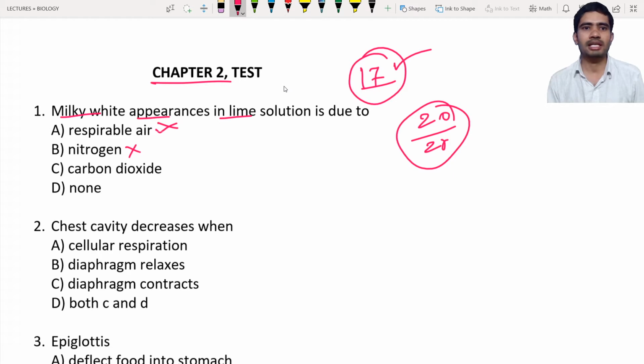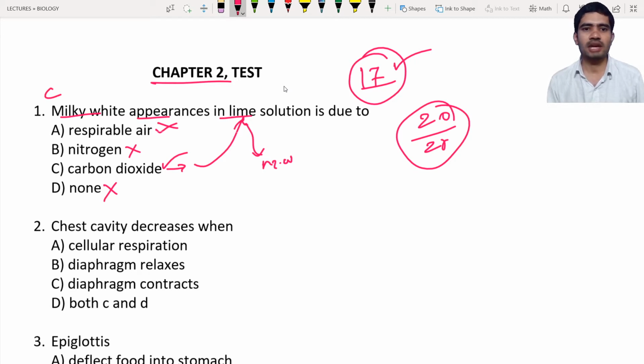Carbon dioxide is a gas which is released during respiration. Hence, it has the ability to combine with the lime solution, and so there is a production of the milky white appearance. Okay, so the correct answer is carbon dioxide.